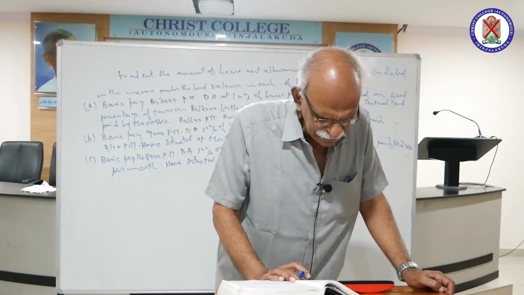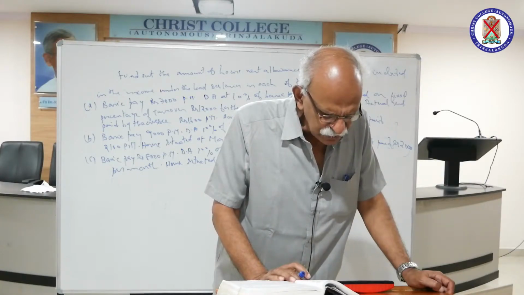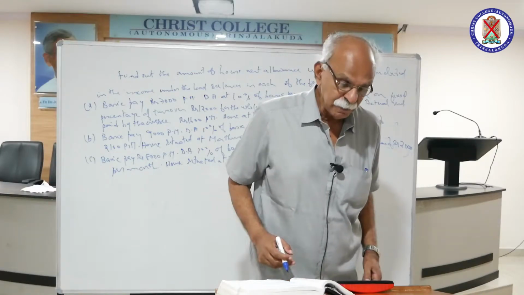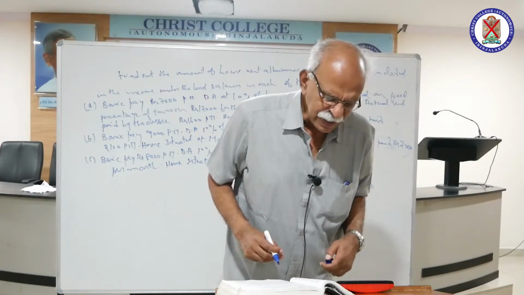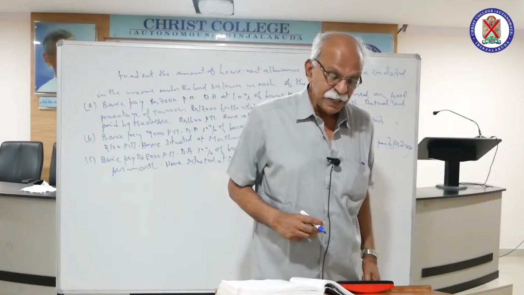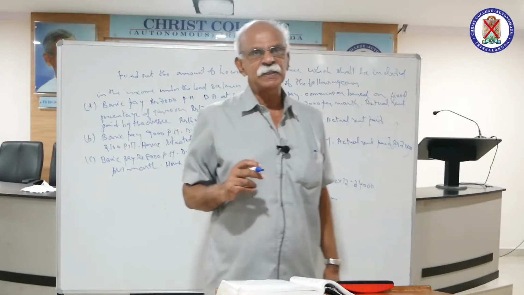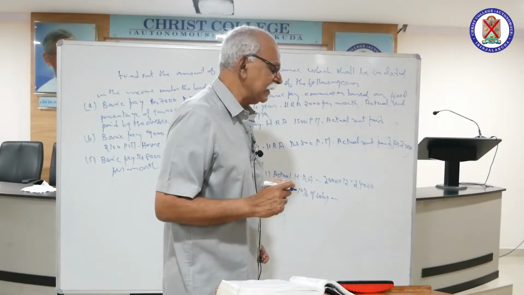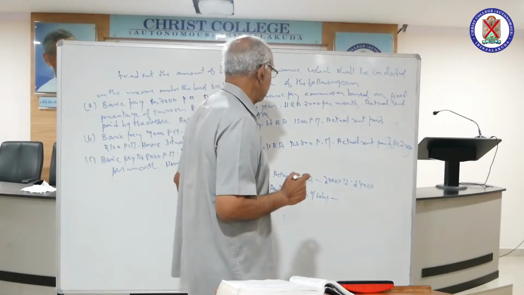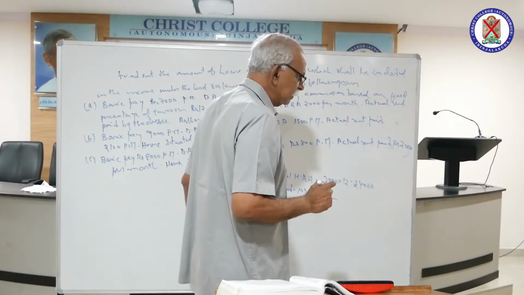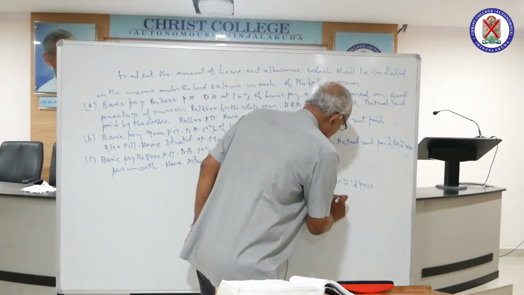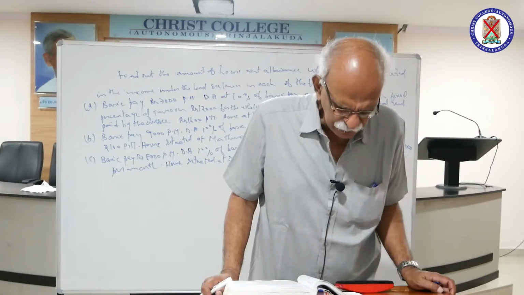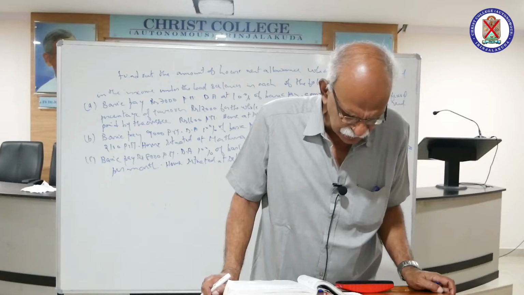Rent paid is 1,600 per month. So for 12 months, 1,600 into 12, that is 19,200, minus 10% of salary due to the assessee.